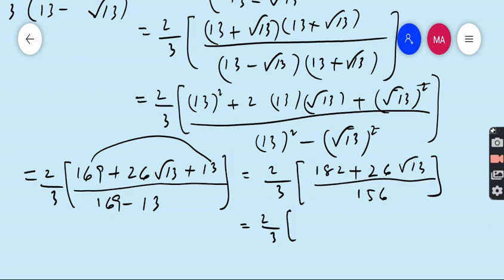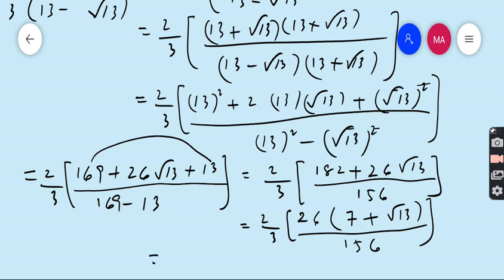Take 26 common from this side. So 26 sevens are 182, and root 13, upon 156.